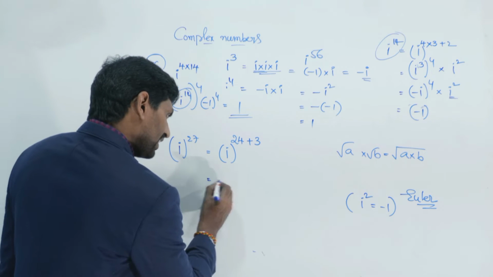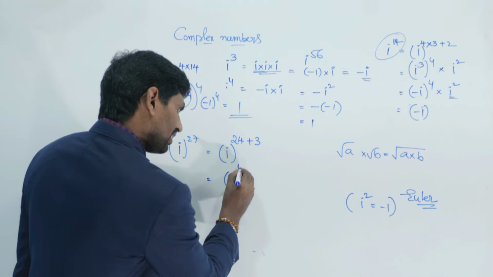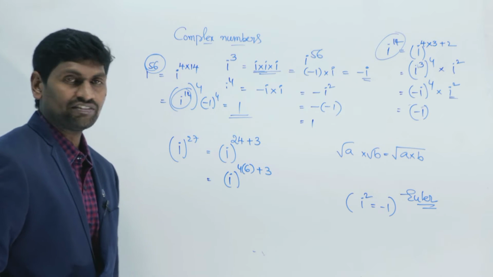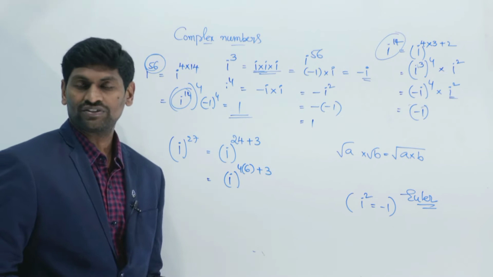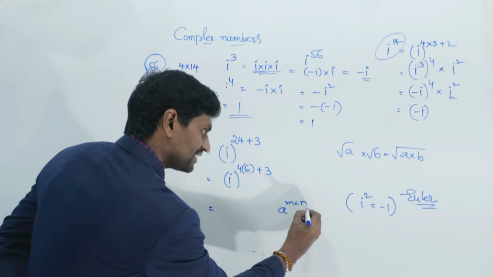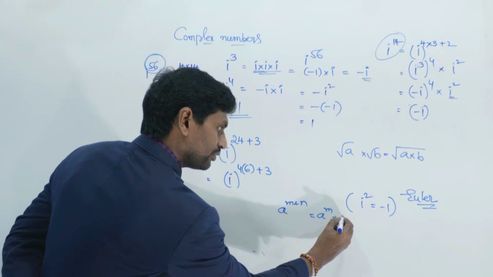So we can write this as i^(4×6+3). Can we write like this? Separate using a^(m+n) is nothing but a^m into a^n.